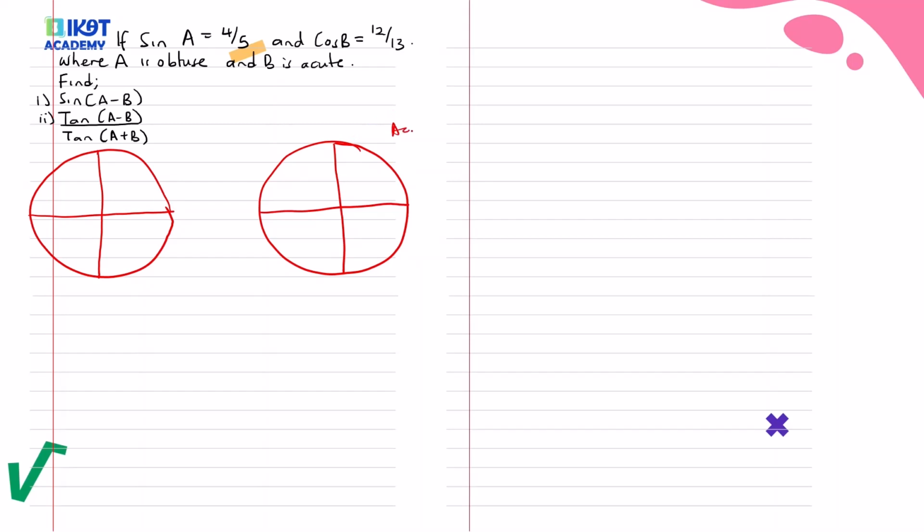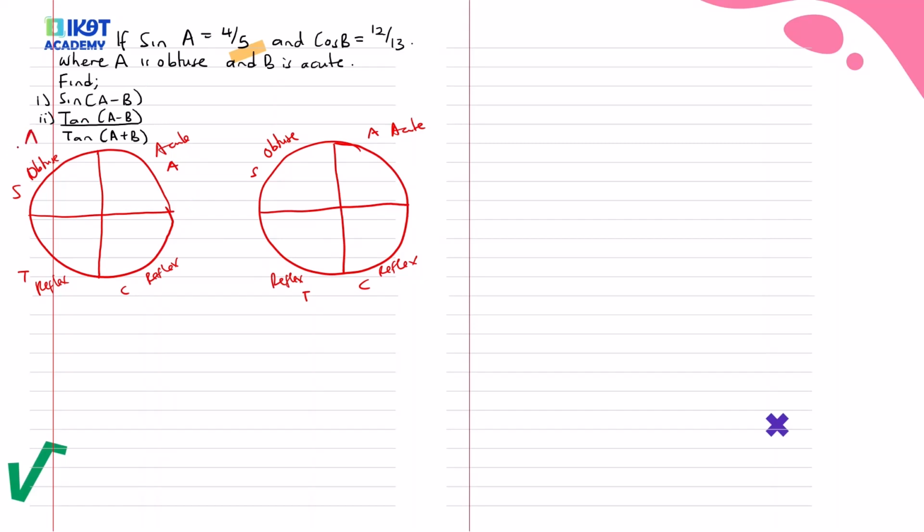So we say this is acute, this is obtuse, reflex, reflex. Same thing, this is acute, this is obtuse, this is reflex, and this is reflex. And said all students take coffee. All students take coffee.